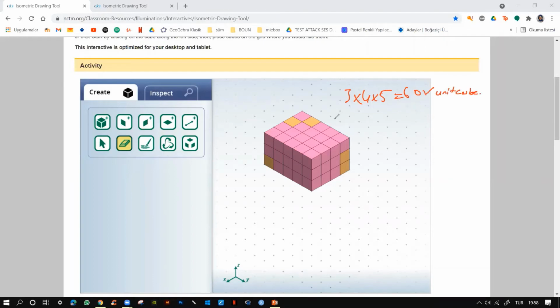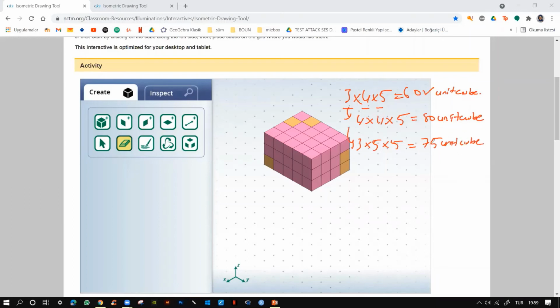For a square prism, 2 of them should be equal. So it can be 3 multiplied by 3 multiplied by 5. Let's find the volume. 45 unit cubes. And it can be 5 multiplied by 4 multiplied by 5, where 5 is the same. Okay, let's calculate it. 100 unit cubes.